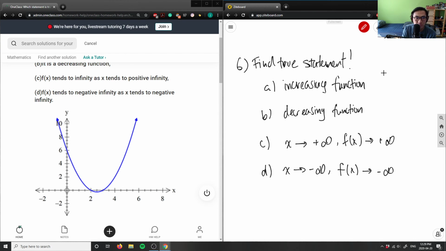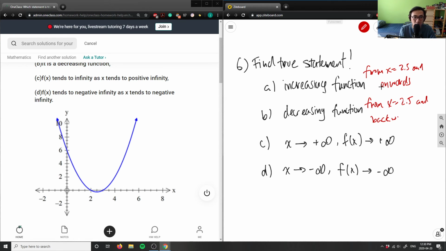So from where x is equal to 2.5 and onwards, it is an increasing function, and from x equals 2.5 and backwards, it's also actually an increasing function.